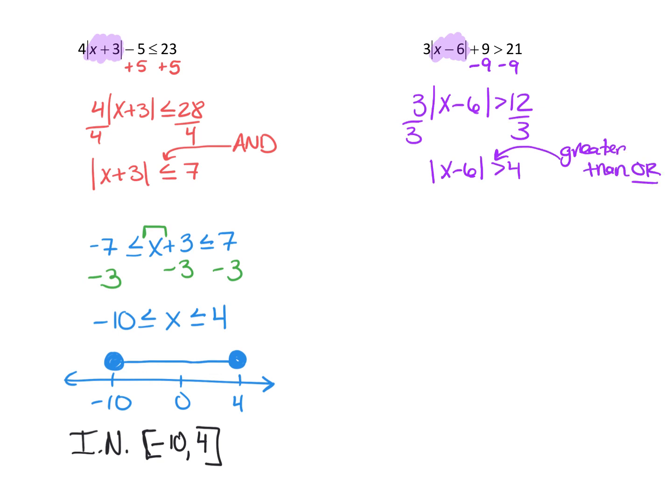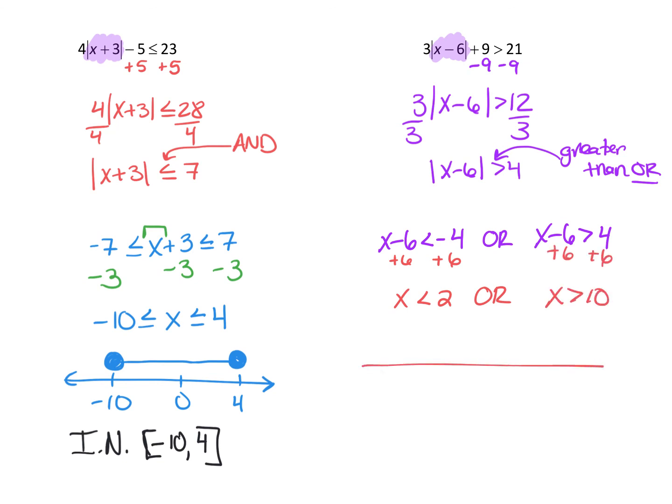So I'm going to have x minus 6 is greater than 4, or x minus 6 is less than negative 4. So again, when we have the negative, we have to flip the sign. Now I'm just going to solve each of these. So plus 6, I'm going to have x is less than 2, or plus 6, x is greater than 10.